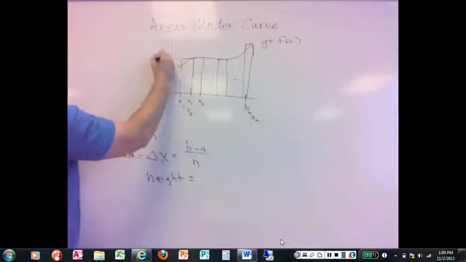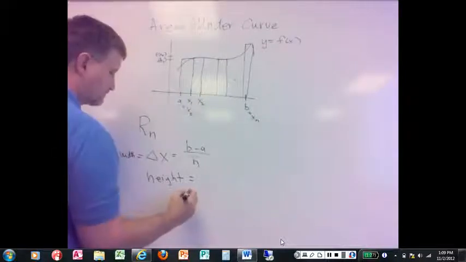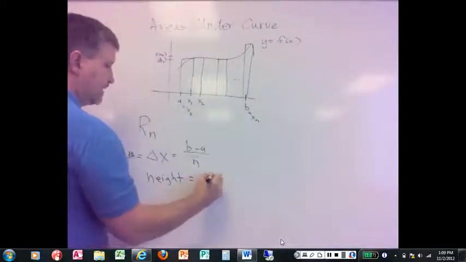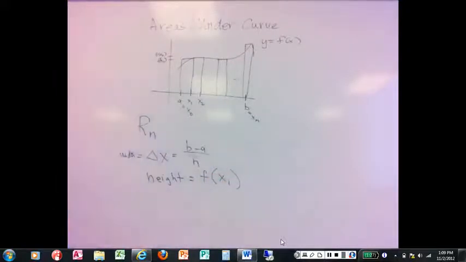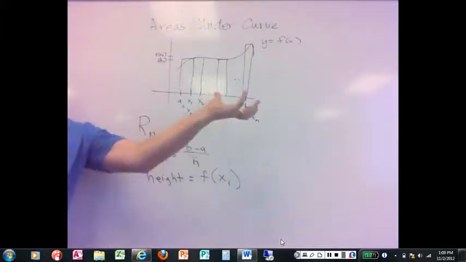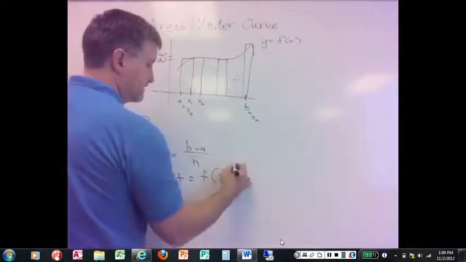It's the function value at whatever x value the width puts you at, right? So in general, we would say the height is f of x sub i, where i is one of these x sub 1, 2, 3, so forth and so on. That's if I'm using right endpoints.